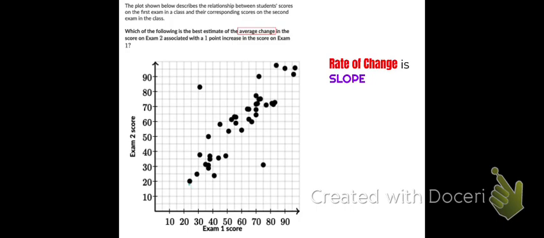This point here shows the score for the student on their first exam and their second exam. So when it's asking us to find the best estimate for the average change in the score between exam 2 and exam 1, the average change, that's the rate of change, they're asking for the slope of the line of best fit.